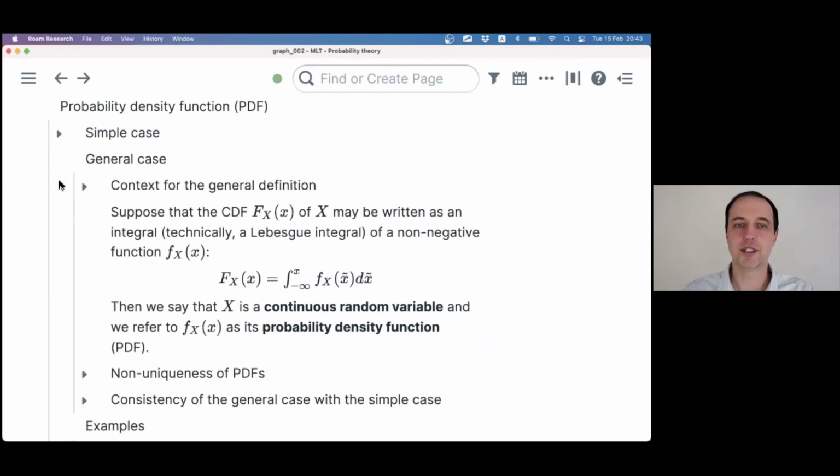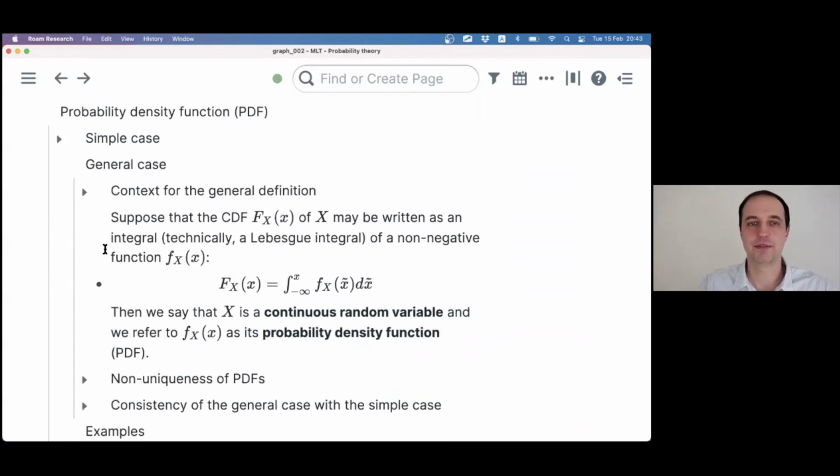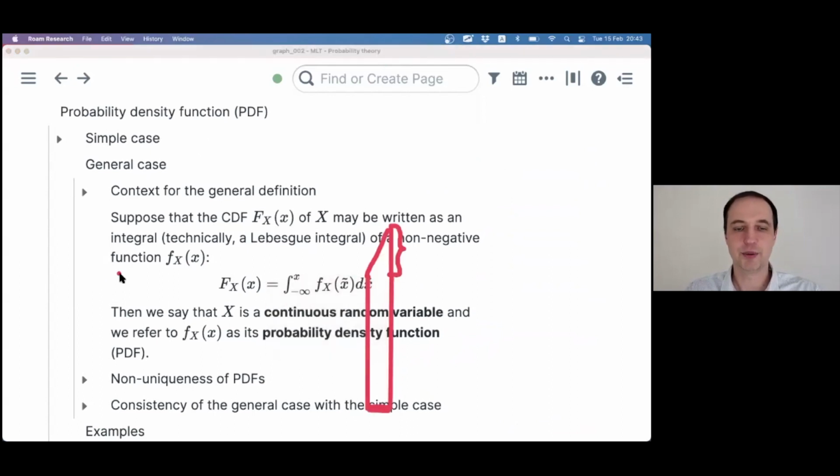So what's the general case? If you want to define what it means to have a continuously distributed random variable, we can start with this formula, resembling our discussion with the integral.